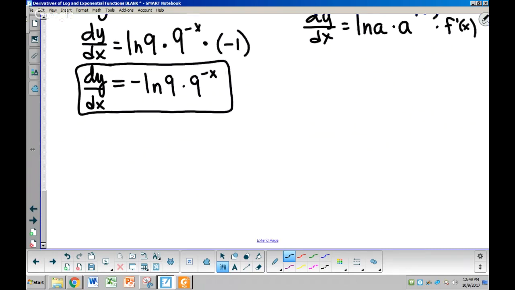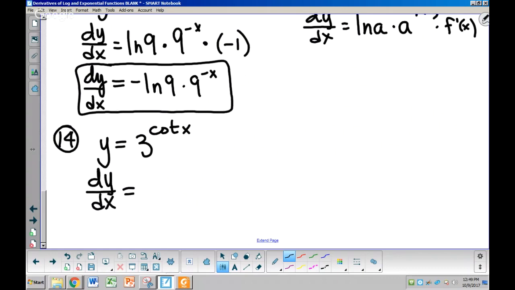We're on number 14. This is my favorite one, because everybody in the room goes, why on earth, Mrs. Muller, would anybody raise 3 to the cotangent x? And the reason is just to get you to remember what the derivative of cotangent x is. No? You guys are a tough sell here today.